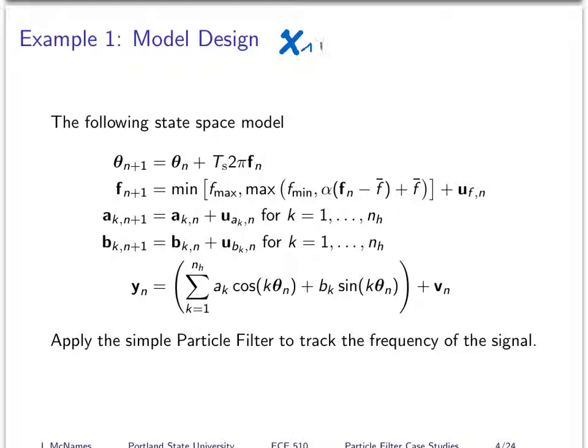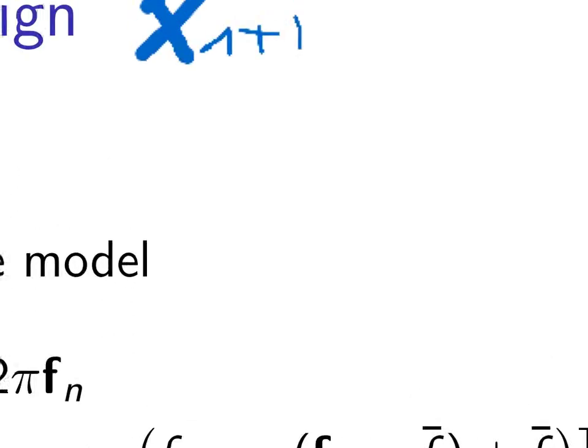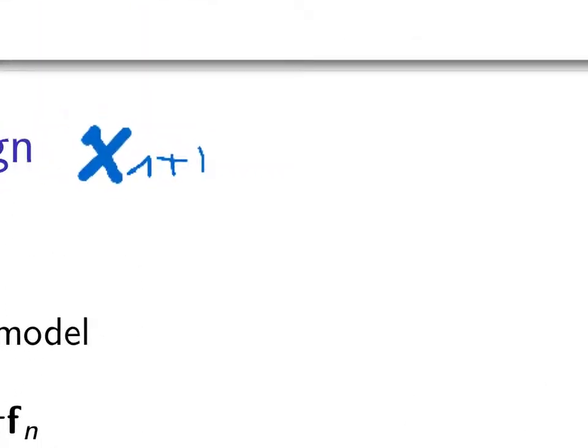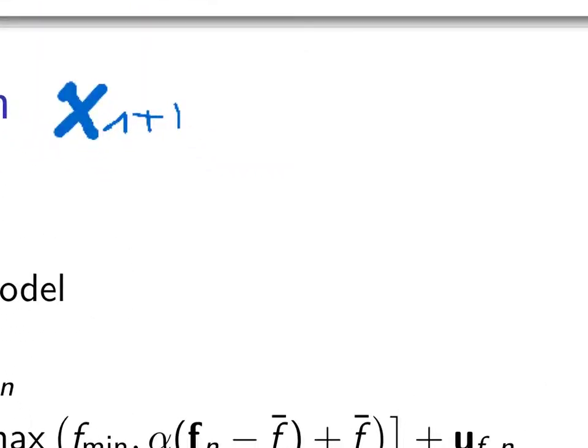x of n plus 1 is equal to what it was plus some noise. So this is what we're calling the random walk model. And this can wander off any place.